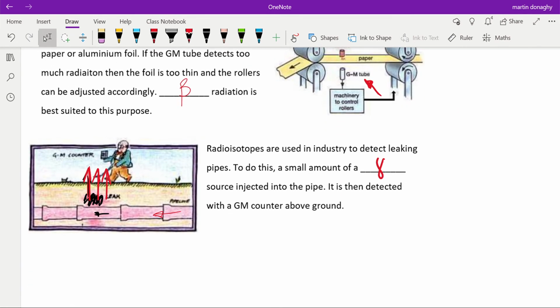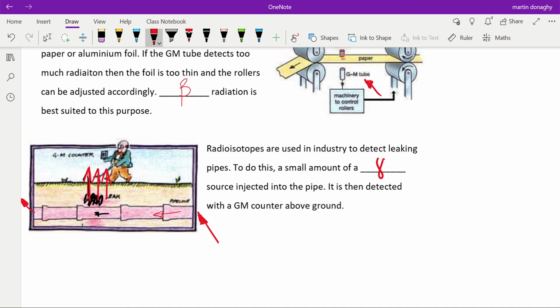Next one's the opposite. We're going to inject some source in at the start of the pipe. Where there's a leak, we can detect it, but somewhere at the other end, we're going to want to use this liquid again. Now, I don't know if this would be used for drinking water, because you might have to wait a very long time before it becomes totally safe for human consumption. But let's say it is oil or petrol that we're pumping through this.